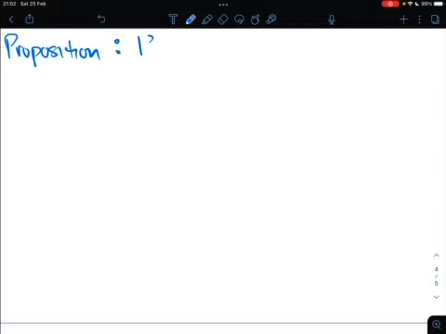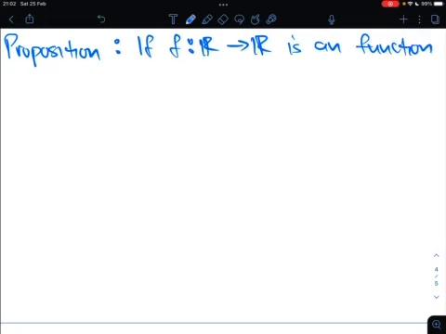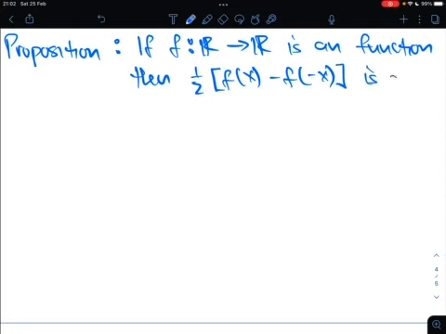If f from R to R is any function, then half of f of x minus f of minus x is an odd function. You should know that every time f is a function, that thing is odd.